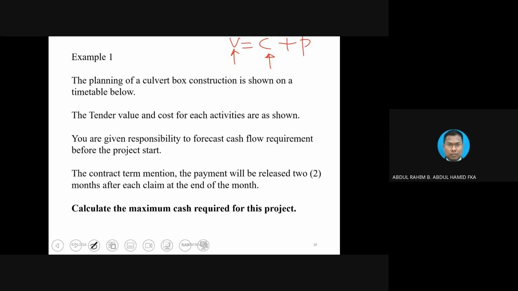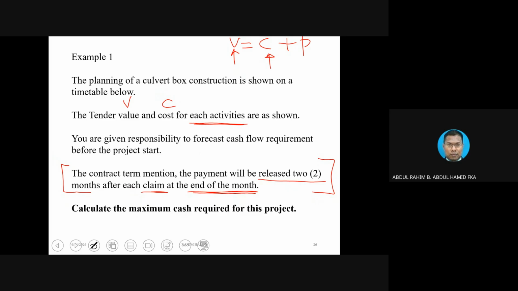Okay, so in this diagram, value and cost are already given for each activity, so we don't have to calculate anything. You are given the responsibility to forecast the cash flow requirement before you start the project. The contract term is the thing you need to be careful about. The term will be reflected in the payment received. The payment will be released 2 months after each claim at the end of the month. So, let's say for the first month, after the contractor completes work, they will submit.